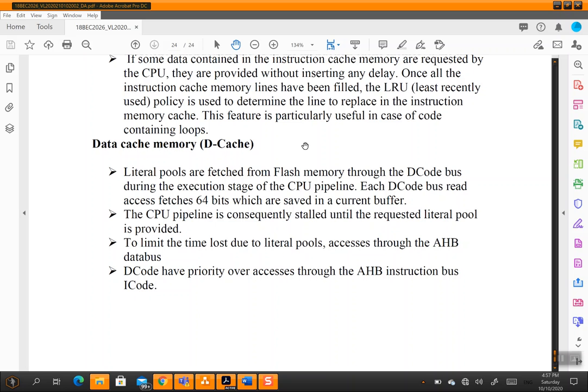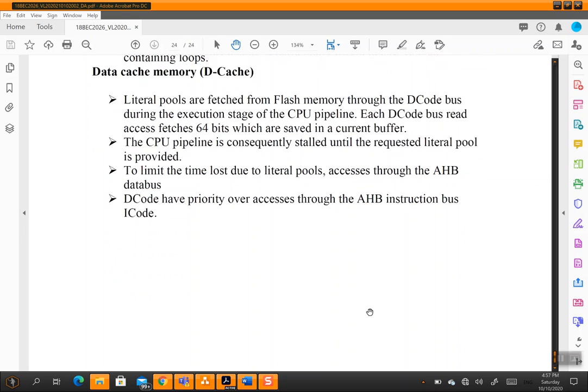Each decode bus read access fetches 64 bytes, which are saved in a current buffer, and the CPU pipeline is stalled until the requested literal pool is provided. To limit the time lost due to literal pool access through the advanced high-performance bus, the data bus and decode bus have priority over access through the advanced high-performance bus instruction bus, which is the I-code.